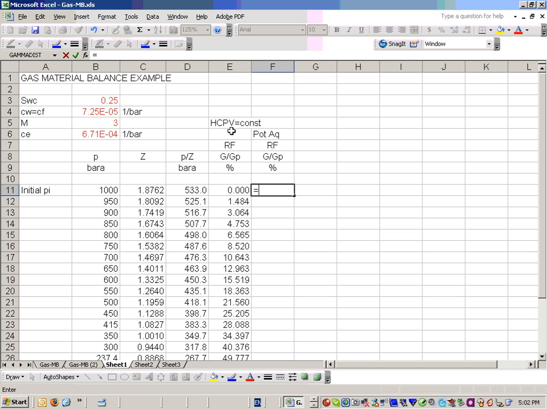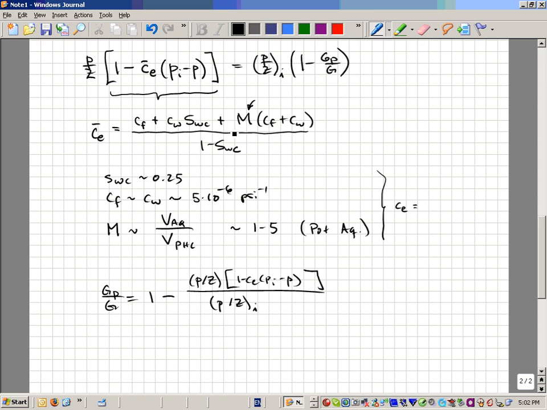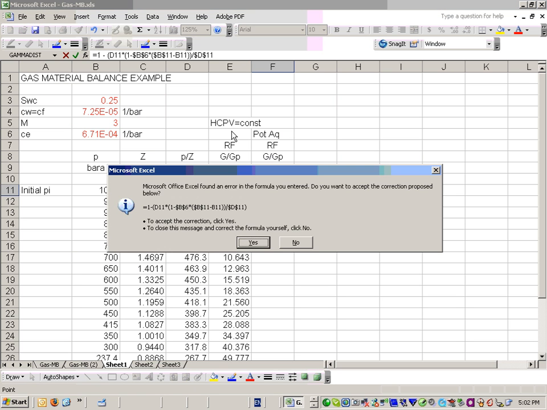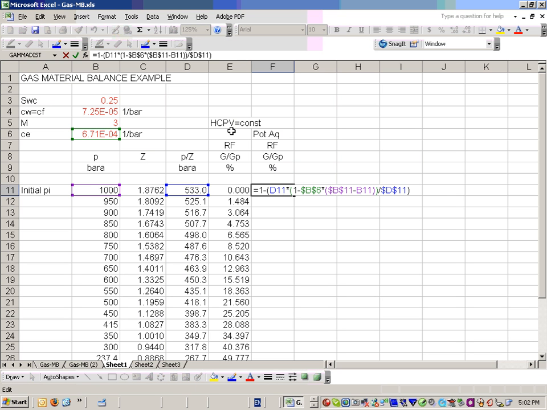And we'll say this is equal to that equation there: 1 minus the P over Z, which is the same here, times 1 minus the effective compressibility, that's up here, times the initial pressure, which is over here, minus the actual pressure there, close the parenthesis, and then we need to divide that by the P over Z initial here. I have to be careful of the parentheses.